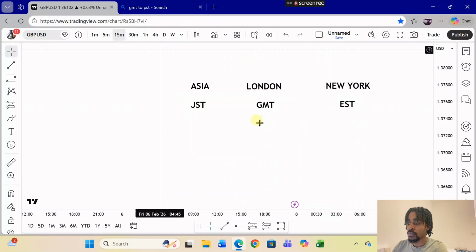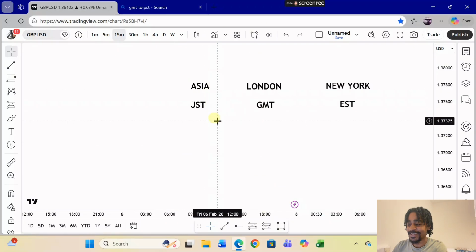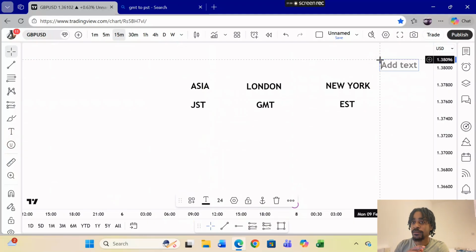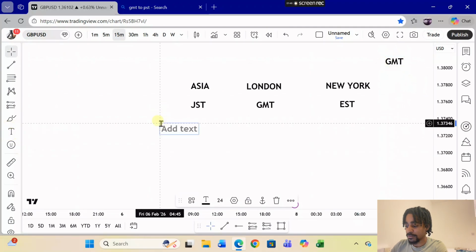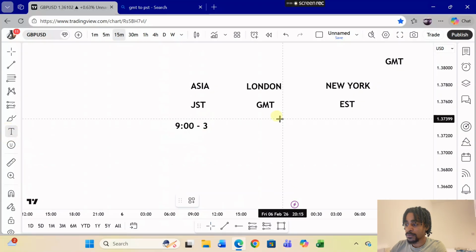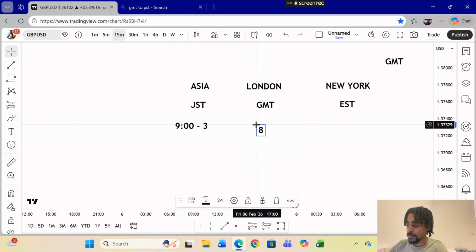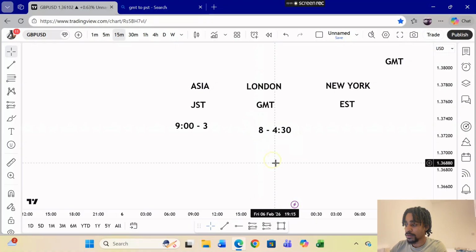And then we have the time zone that you are operating in. So for me, it is GMT. And then the times themselves, we have 9 to 3. We have 8 to 4:30.